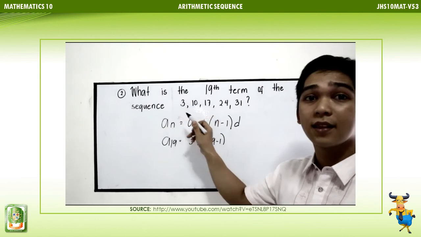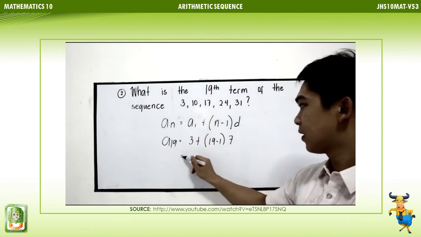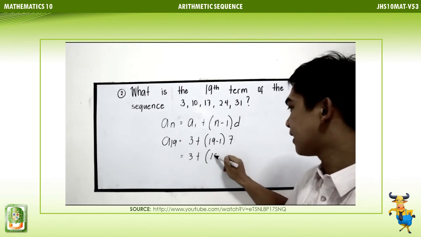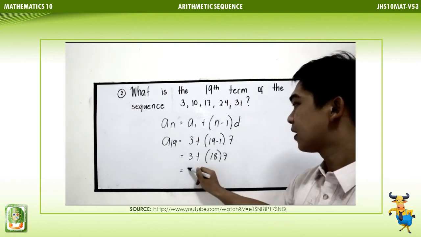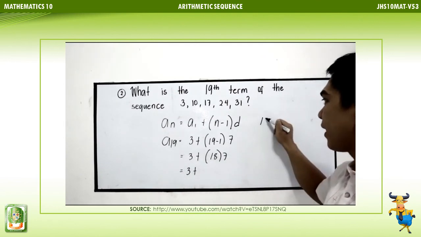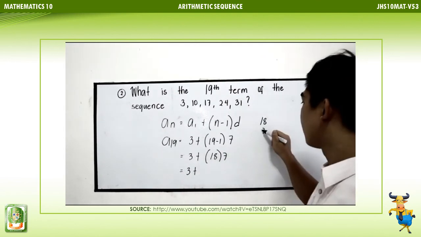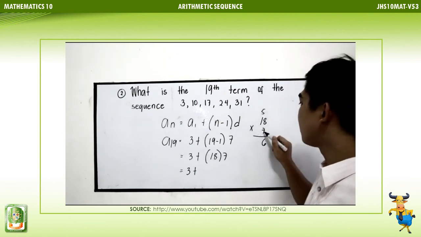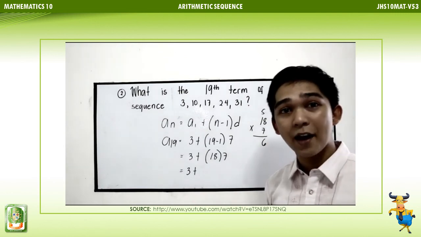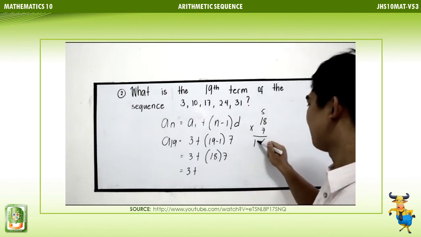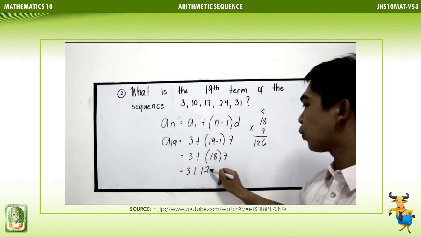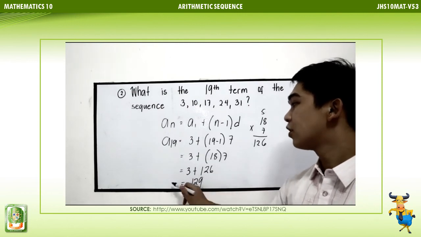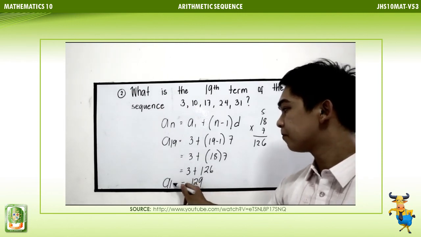A2 minus A1, that is 7. 3 plus 19 minus 1, 18, times 7. 8 times 7, 56, carry 5. 7 times 1, 7 plus 5, 12. So 3 plus 126. The sum is 129.